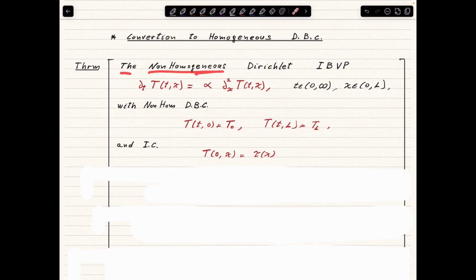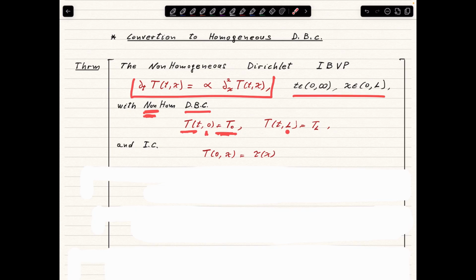The non-homogeneous Dirichlet initial boundary value problem for the function t, which is to solve the heat equation in the usual domain with non-homogeneous Dirichlet boundary condition given by the temperature on one side of the bar and the temperature on the other side are given by T0 and TL, which now are arbitrary numbers, and with initial conditions where the temperature at the initial time is a given function, tau of x. This is an initial boundary value problem with non-homogeneous boundary conditions.